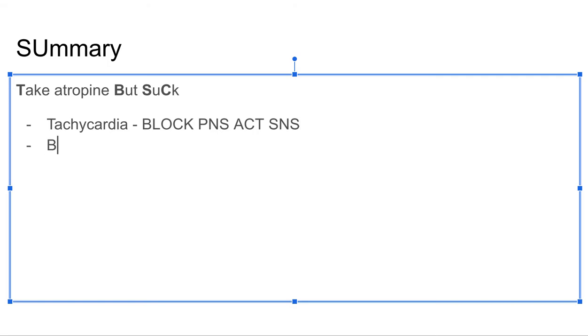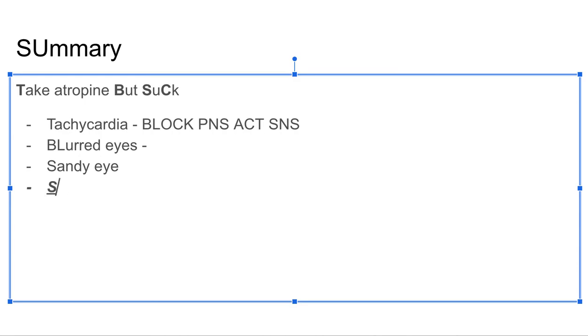The B over here, blurred vision. Again, same reason as above. You're blocking PNS. You're blocking your constriction. You're dilating pupils. The next one is going to be the sandy eyes. Again, same thing over here. You're blocking your parasympathetic nervous system, and you're activating your sympathetic nervous system. Then you're going to be getting stimulation of secretion, and this one I have to write in bold, italics, and underline.